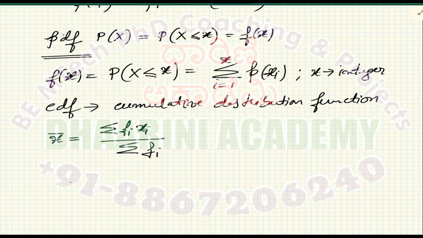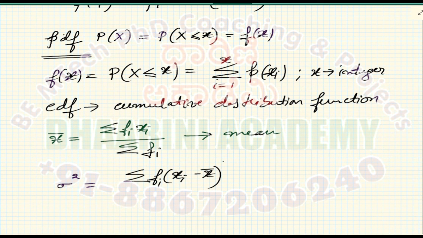All right. Then we have a part called variance. So this is what is called the mean, and the sigma square is the variance. It's summation of fi into xi minus its mean x bar, whole squared, divided by the summation of fi.